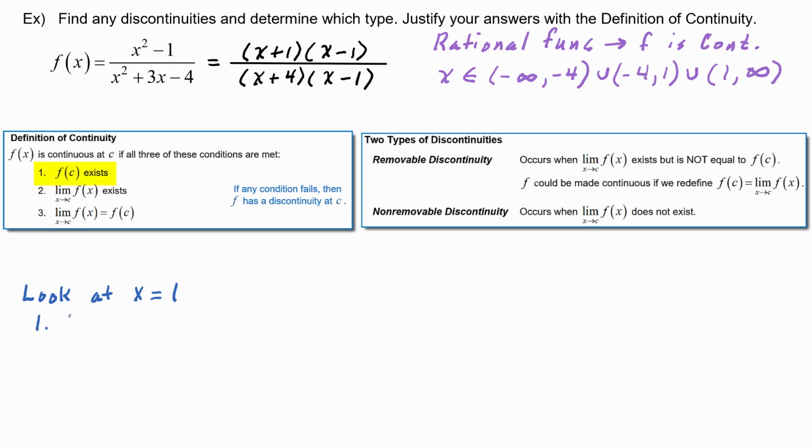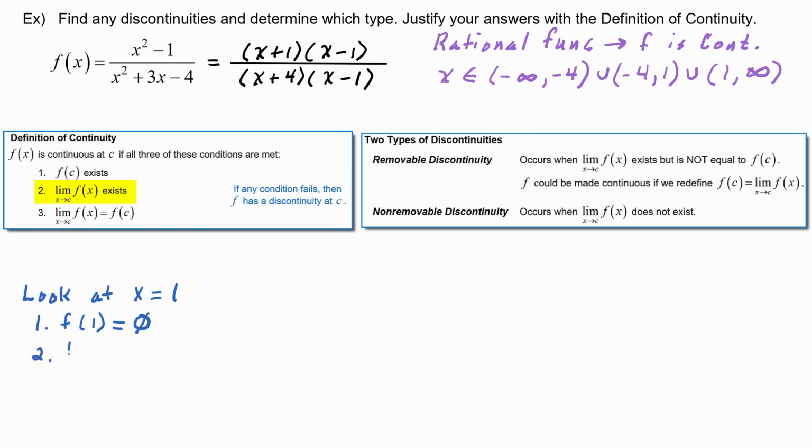First, we have to look at f of 1. If we plug 1 into the function, the denominator is 0, so it does not exist there. So once again, we know we have a discontinuity, and now we have to go on to step 2, look at the limit to decide which type of discontinuity.